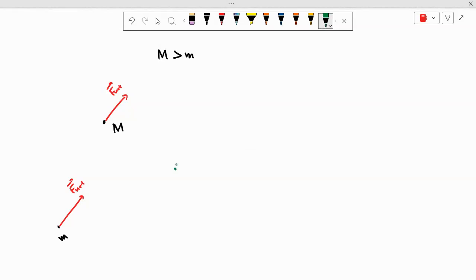We will have A on the bigger mass be smaller.